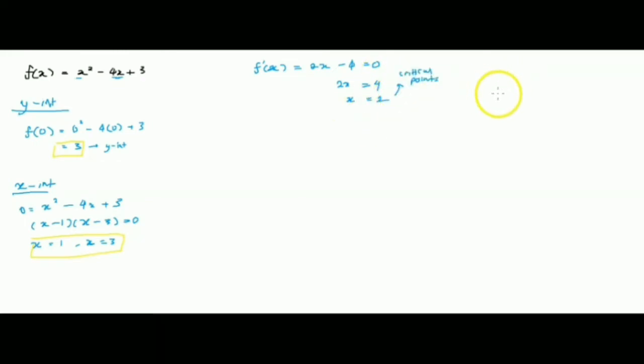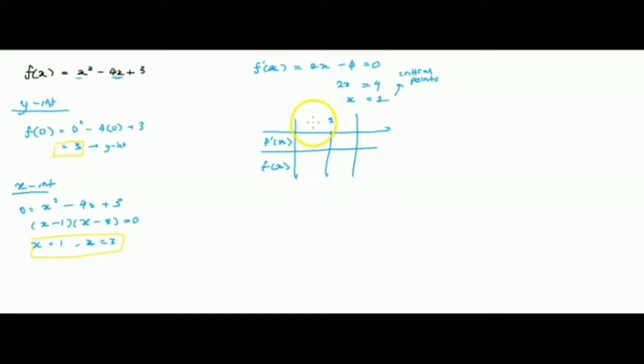We must make a table which consists of f prime x and f x. Okay, so this is number 2 here, our critical point. And now on this side we must choose one number lower than 2.